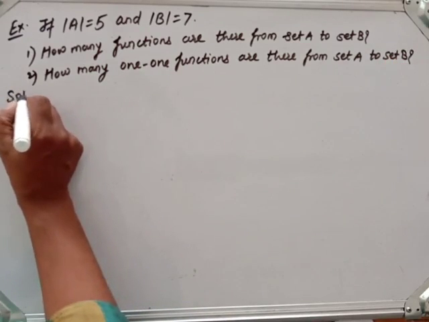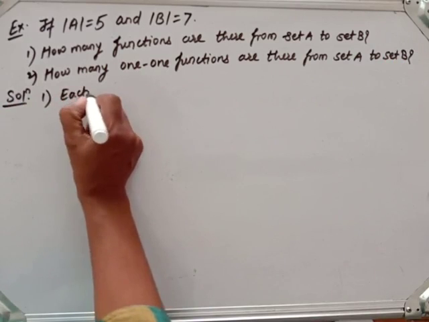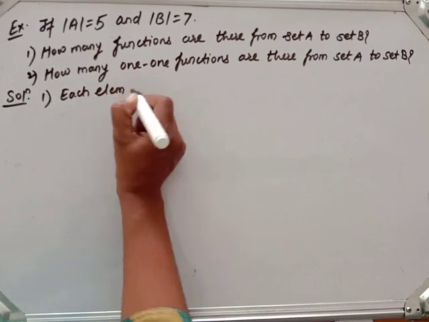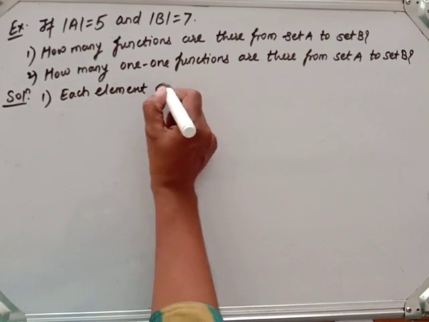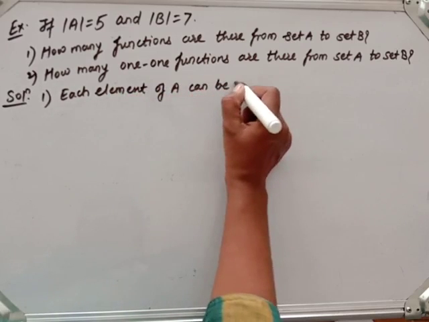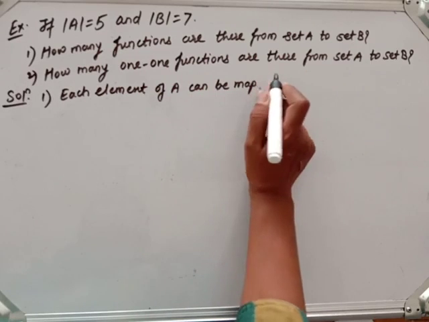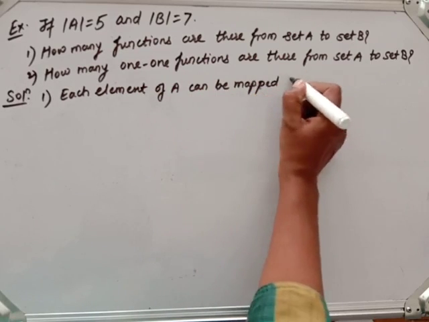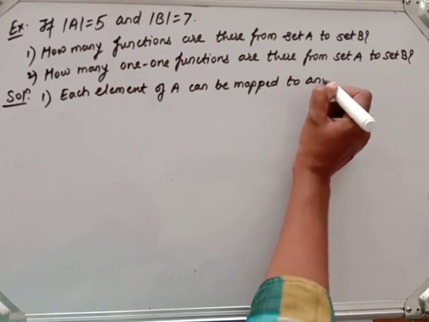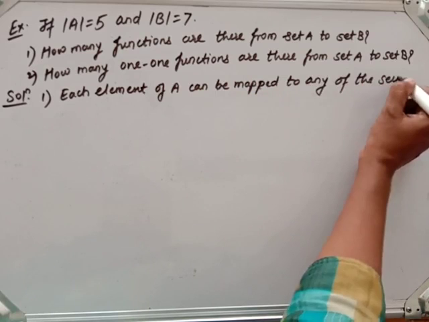So the solution is that for the first, each element of A can be mapped to any of the 7 elements.